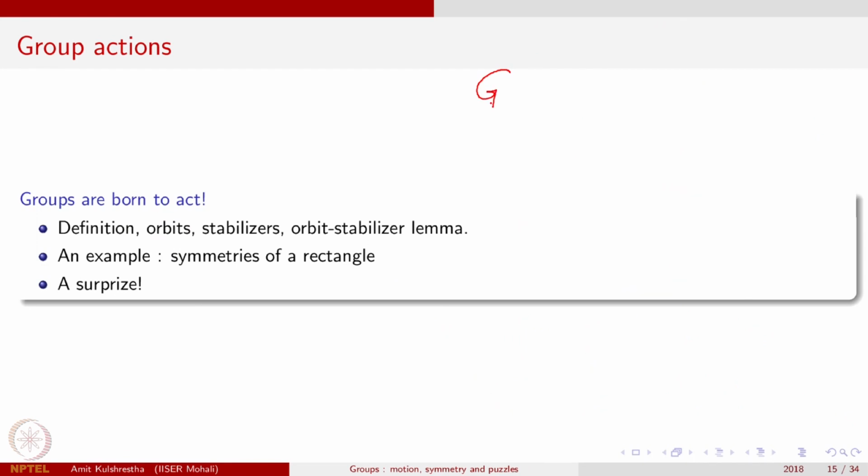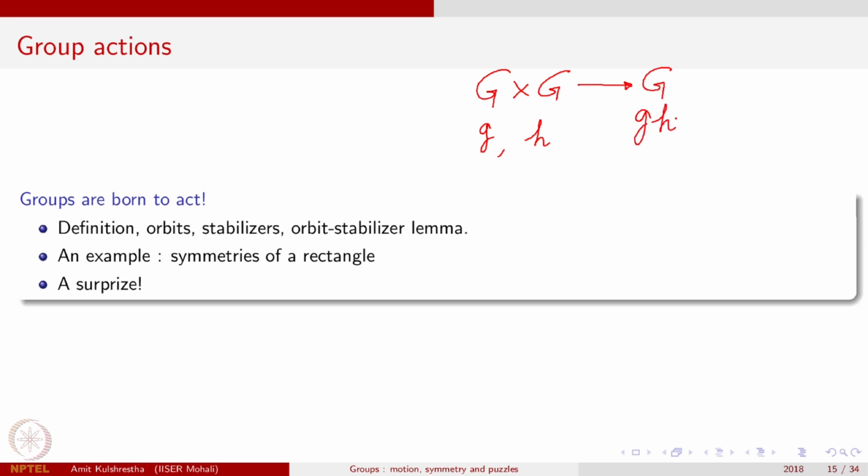You take a set and you pick 2 elements from this set. How do I pick? Well, I pick 1 element from G cross G, right? So I take 2 elements from this set, call them G and H, and to that I assign something in the same G, and I just simply call it GH.